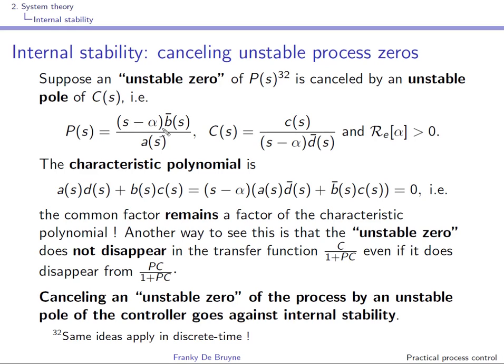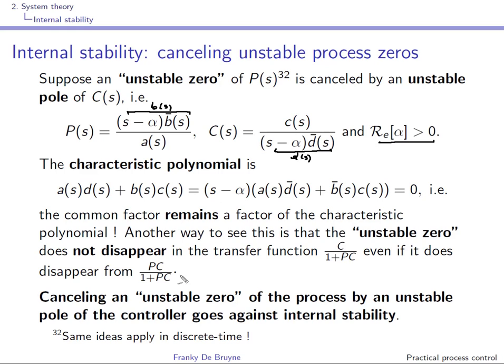So here again we have factored B(s) like this, and s minus alpha gives an unstable zero between quotes, since this zero is located to the right of the imaginary axis. And here we have designed a controller that cancels this unstable zero, because s minus alpha appears here at the denominator of the controller.